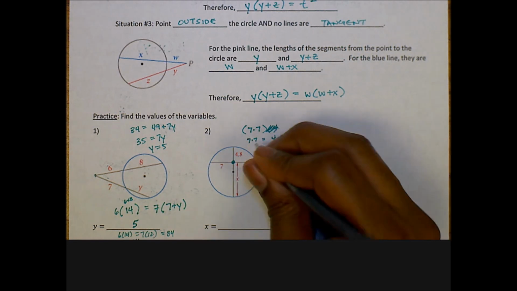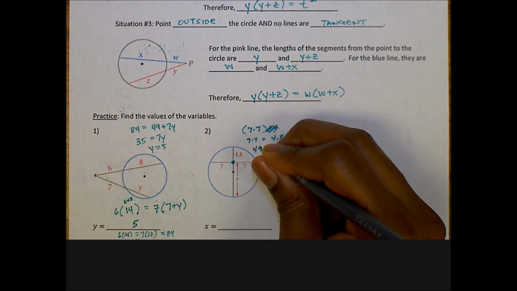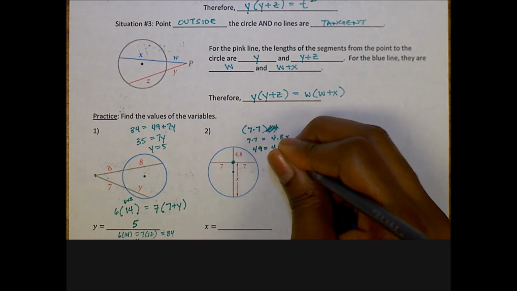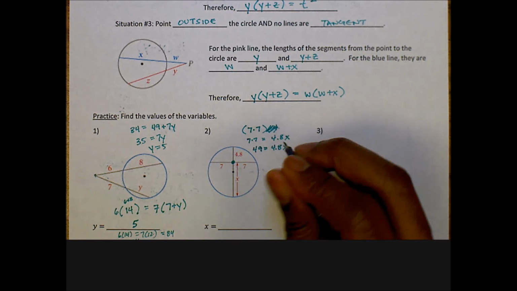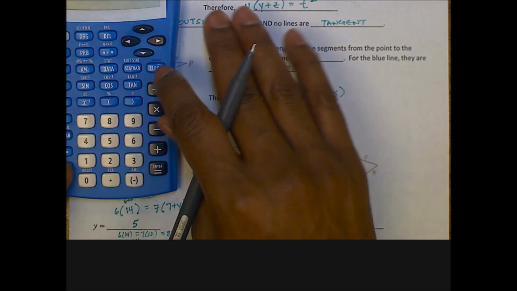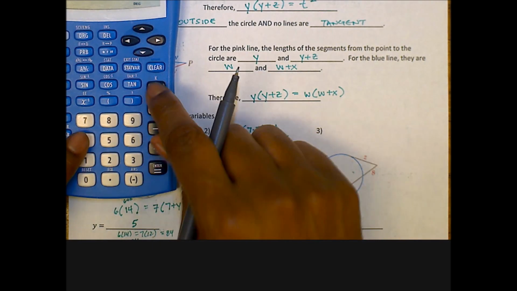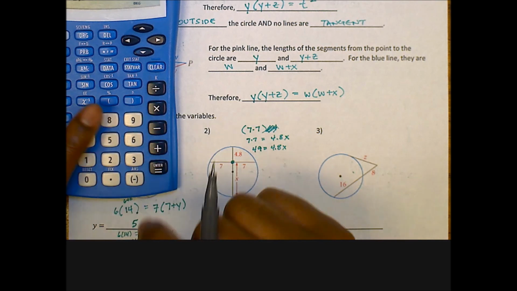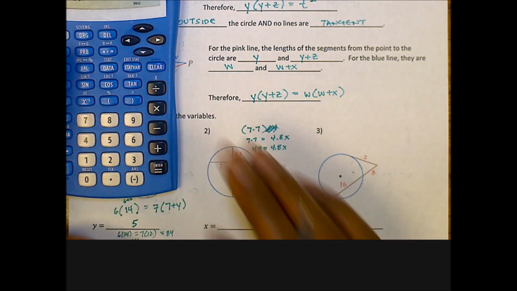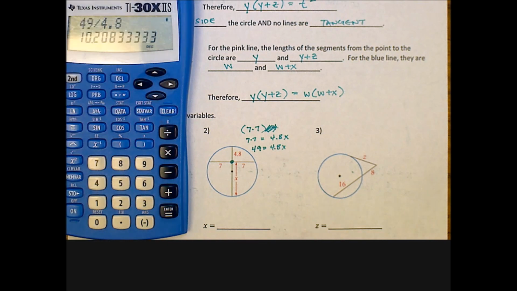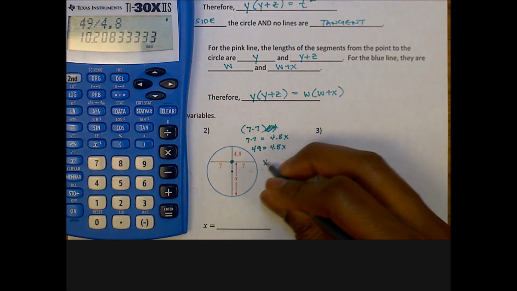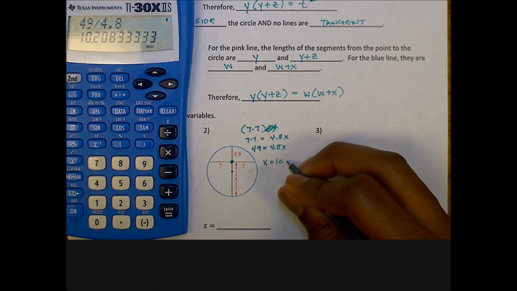So 7 times 7 gives us 49 equals 4.8x. We'll divide both sides by 4.8. I'll need a calculator for that one. 49 divided by 4.8 gives us 10.2. So x is 10.2.